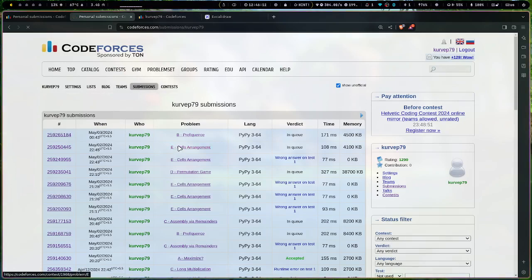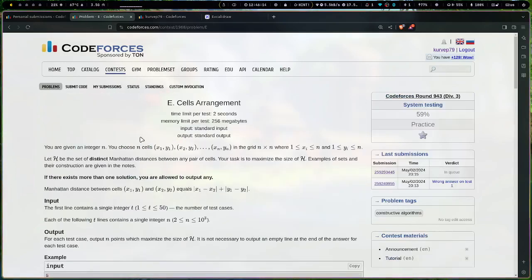So okay, I will tell you. You are given an integer n, and you choose n cells (x1, y1), (x2, y2), up to (xn, yn). You can choose any cell in this n cross n grid. It is always a square matrix.